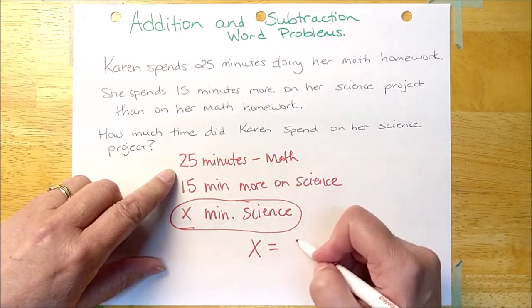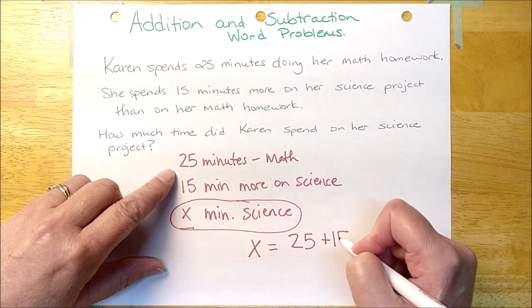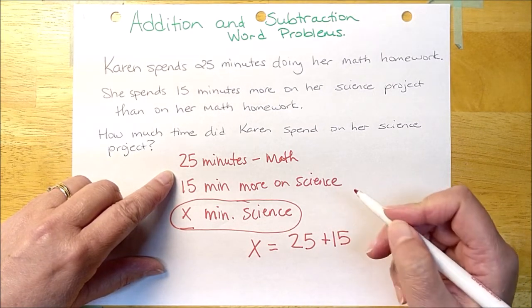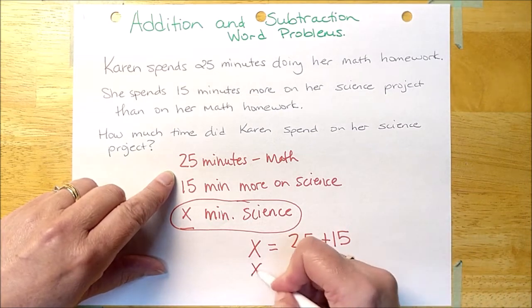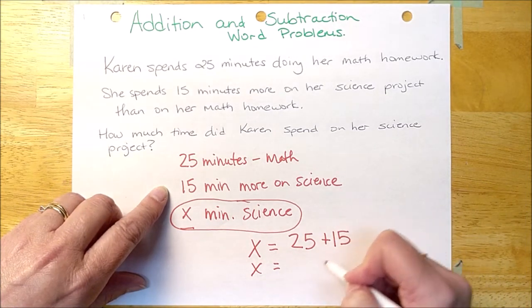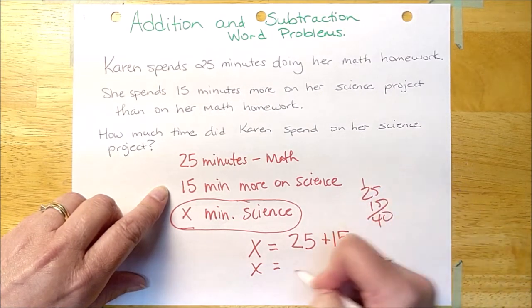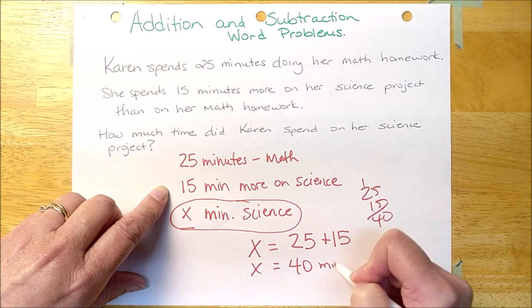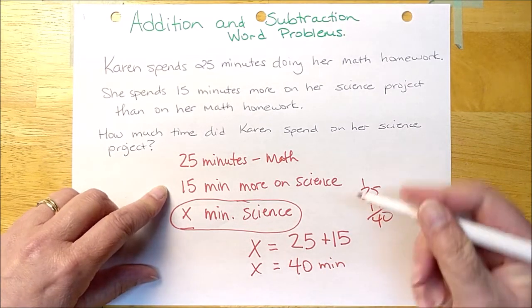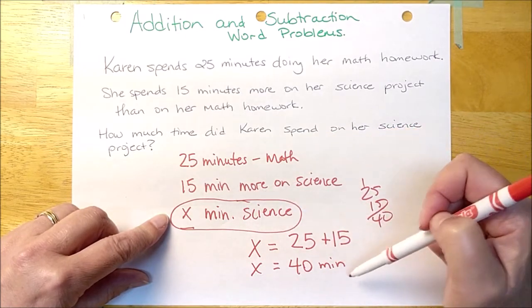So in order to figure this out, we need to add the math time plus the 15 minutes more, which would tell us how much she spent on science. And that would be 40 minutes. So if I was to write this in a sentence, I would say, Karen spent 40 minutes on science.